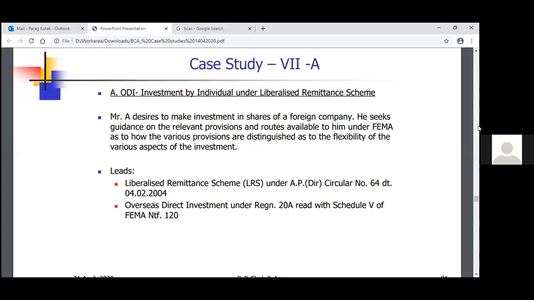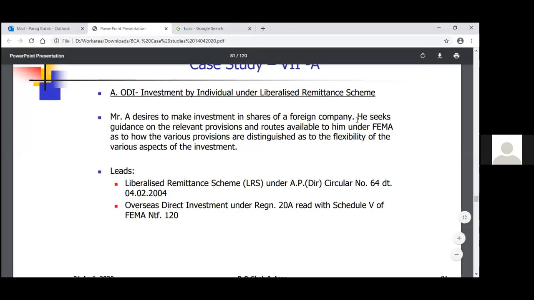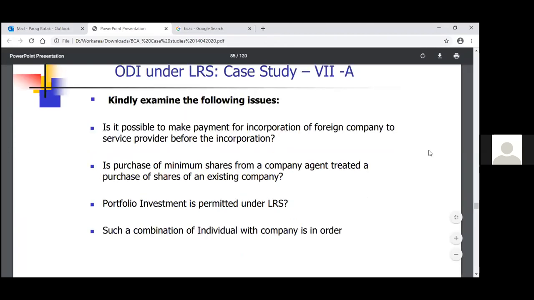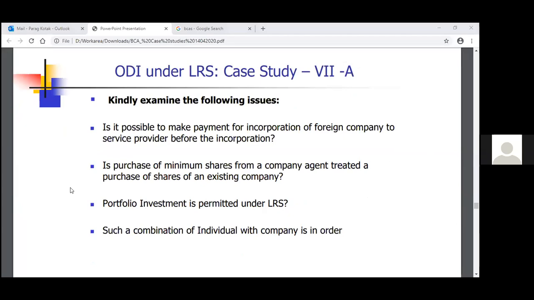Okay. Thank you. Can we go to 7A case study on slide 85, please? On slide 85, what I'm covering is certain practical issues arising out of remittance under this scheme. Is slide 85 visible?